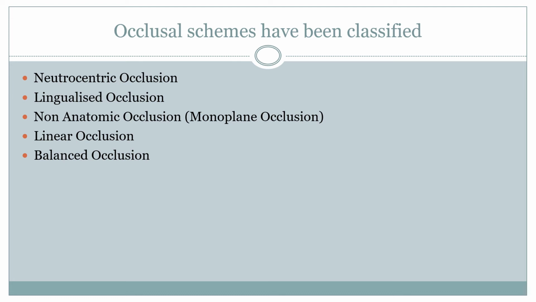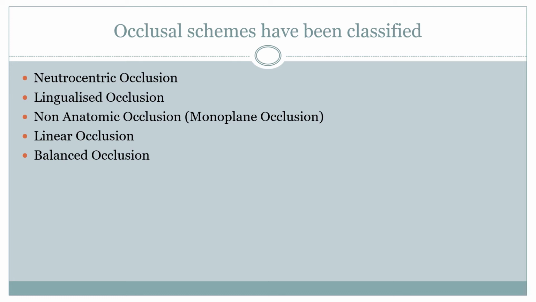In this, in your centric and in your eccentric movements, the teeth that are contacting will not have any kind of cuspal angulations. They are more like a flat plane. They are completely made flat.